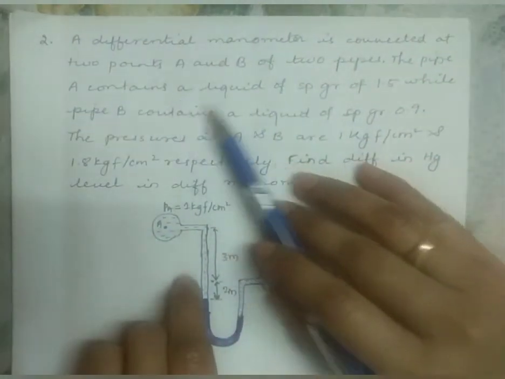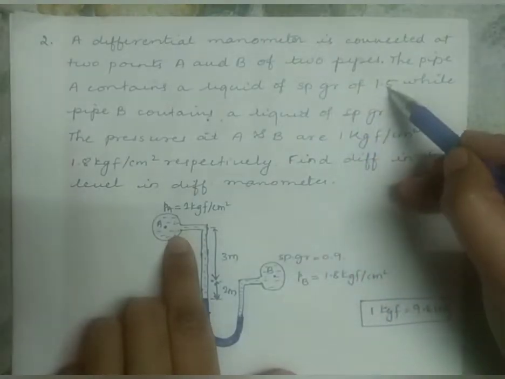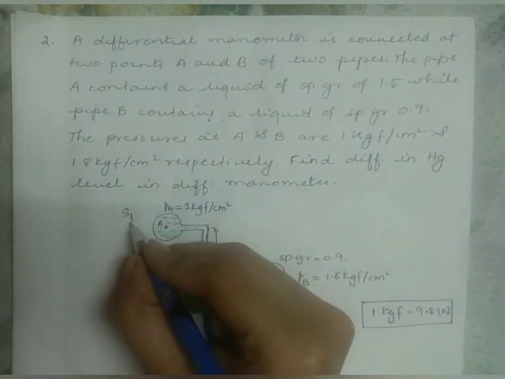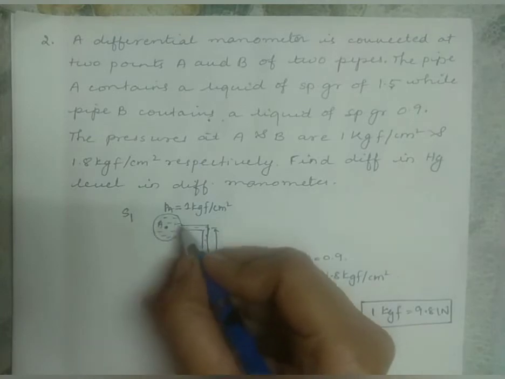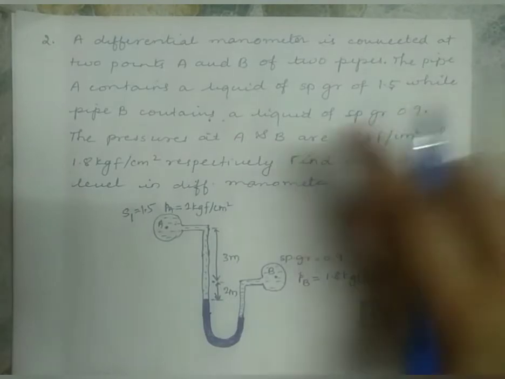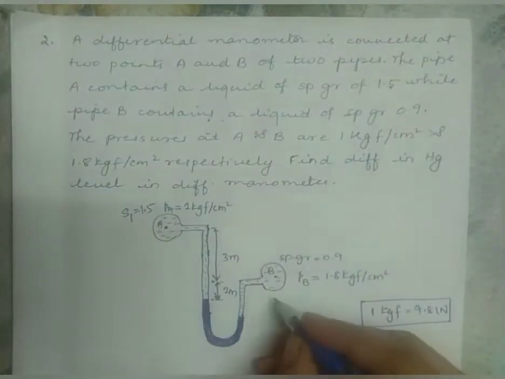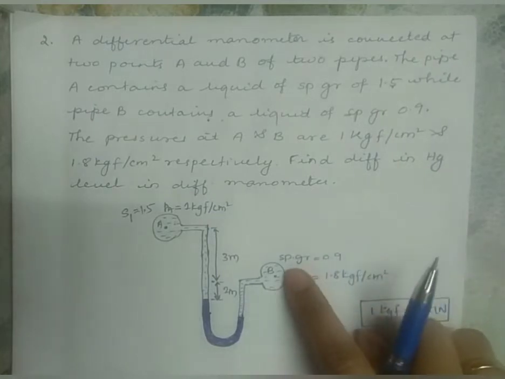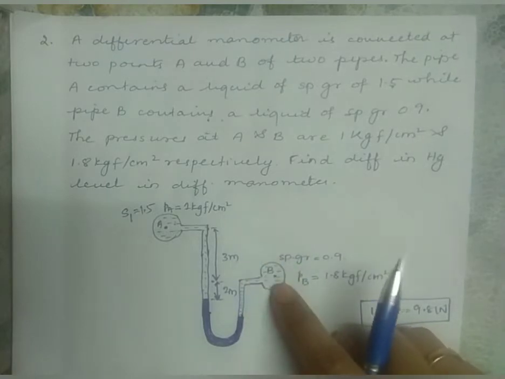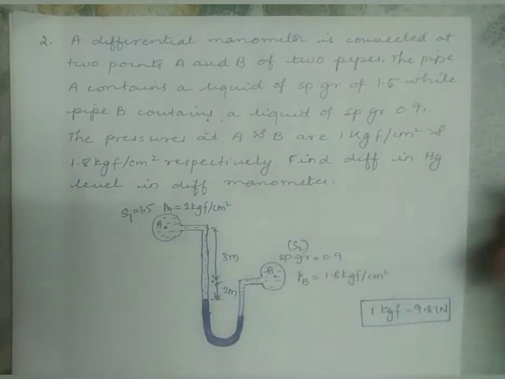The pipe A contains a liquid of specific gravity 1.5, so I am naming this S1, the specific gravity in the first pipe, that is 1.5, while the pipe B contains a liquid of specific gravity 0.9. This is already written here, the specific gravity of the liquid in pipe 2 is 0.9, so I am naming it S2.